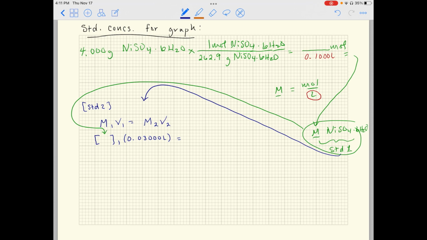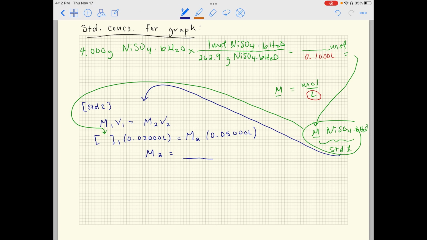And we want to know what is the actual concentration, so M2, in the 50 mL that we made it in. So 0.05000 liters. And once we do that calculation, that's going to give us the concentration for standard 2. And that should be in moles per liter.